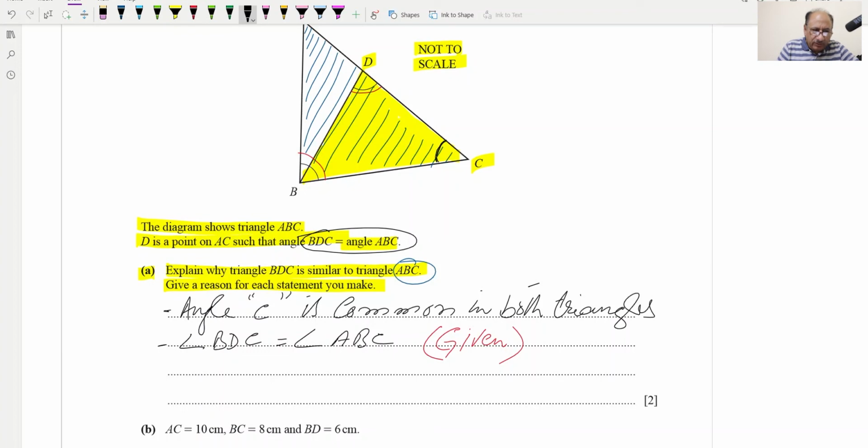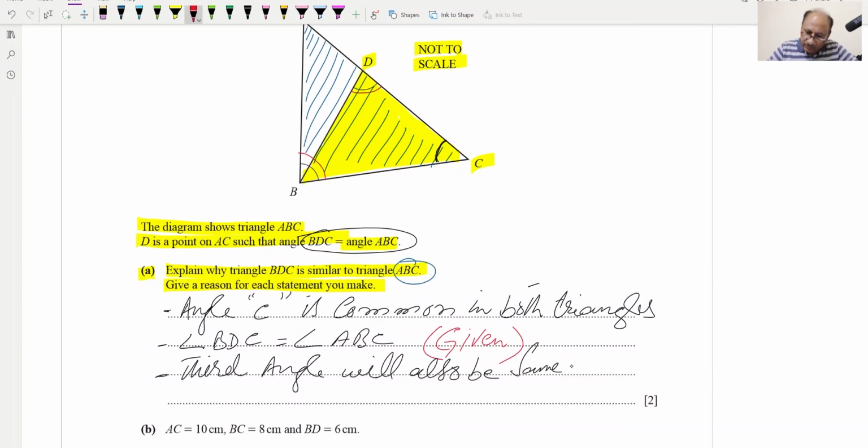Now the third part, if two angles are same, then the third angle will be same. So we can say the third angle will also be same. Reason will be what?